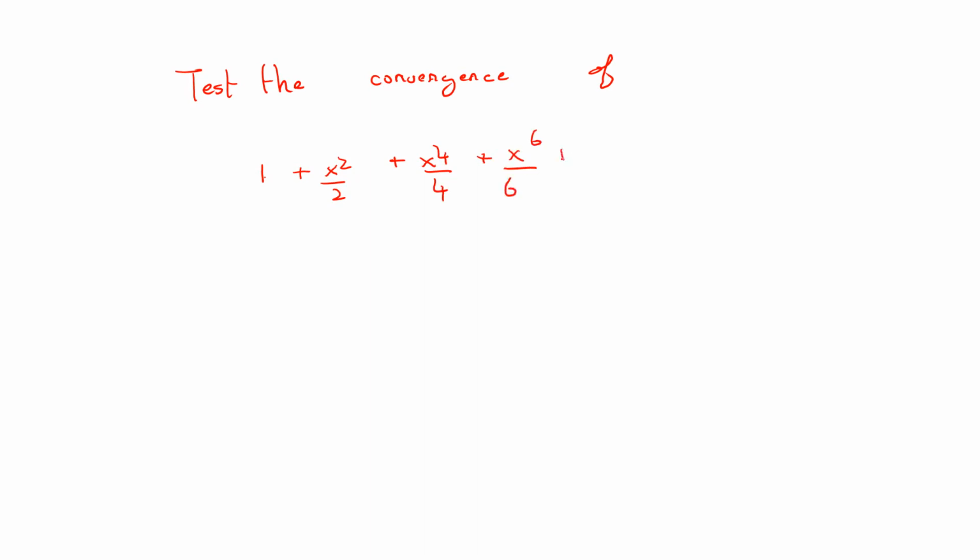We are given to test the convergence of the series 1 plus x square by 2 plus x to the power 4 by 4 plus x to the power 6 by 6, and the series goes on up to infinity, for x greater than 0.